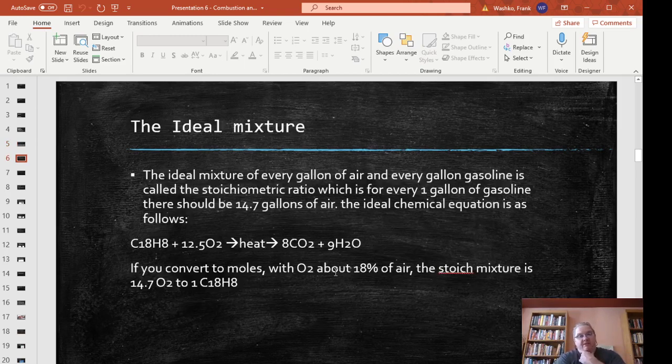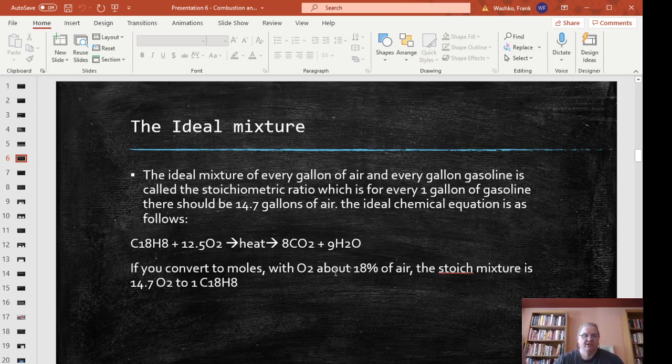Okay, so let's talk about the chemical reaction now. You can drill down to every one of these specific hydrocarbons and do the reaction, but if we just look at the most basic one, C18H8, the most prevalent hydrocarbon in there, and you do the reaction, and if you remember back to your chemistry, balancing the number of compounds on each side, you take the C18H8, combine it with oxygen, which is what we're trying to do in the combustion reaction, and add heat.